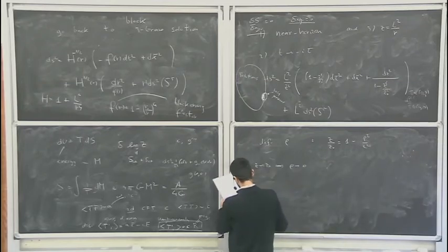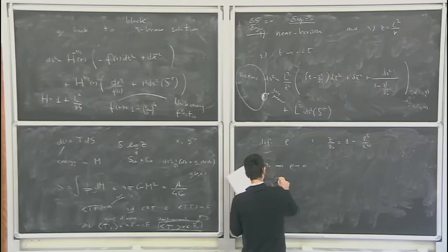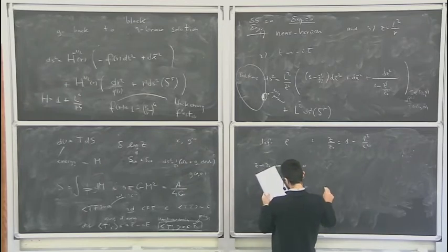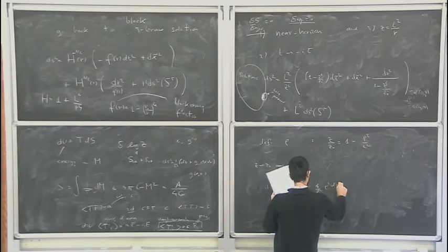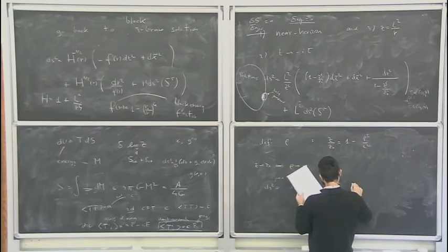And after some rather simple algebra, one finds that the metric near rho equal to 0 takes the form d rho squared plus 4 over z star squared rho squared d tau squared.